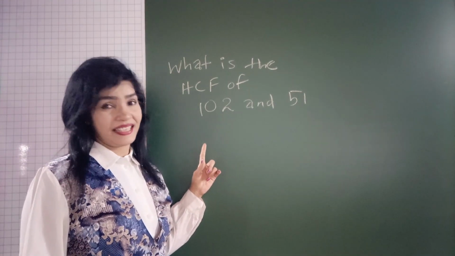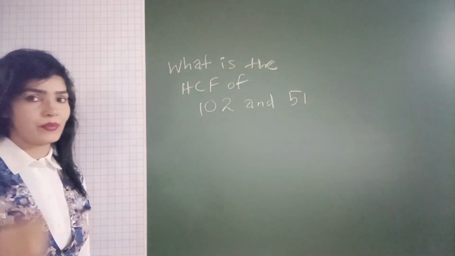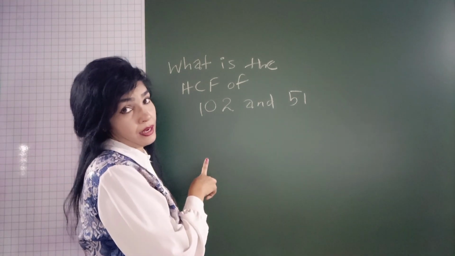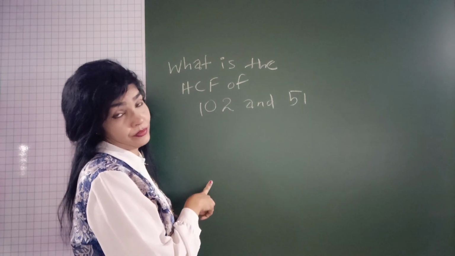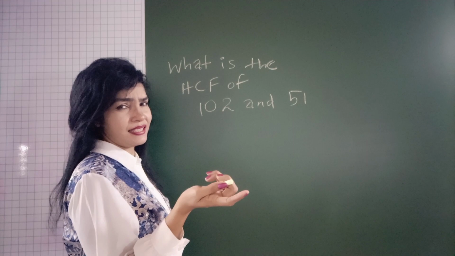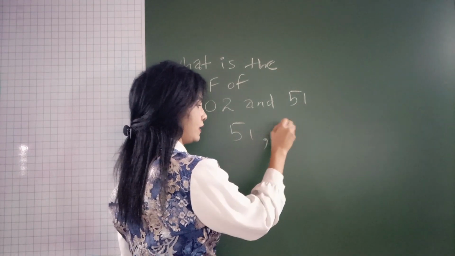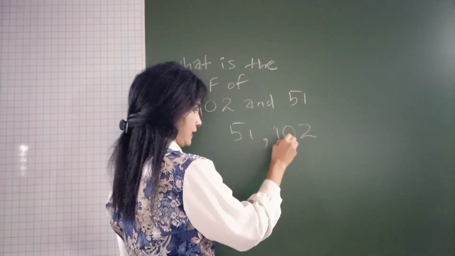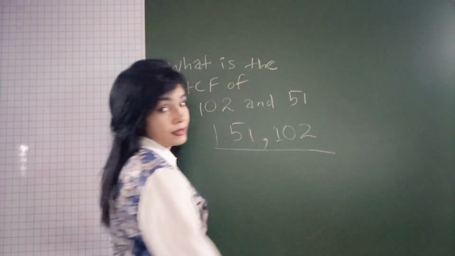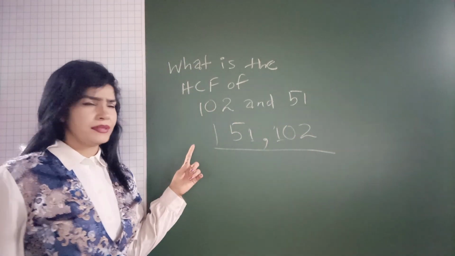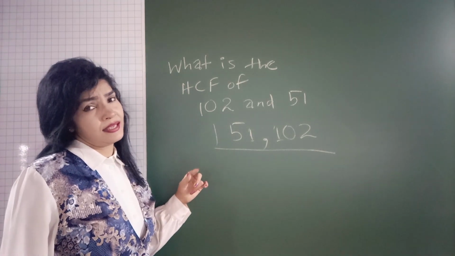This is the next example. So I have 51 and 102. I want the highest common factor of these two numbers. So what is the easiest way? Write both the numbers: 51, 102. What is the first number that we can select?